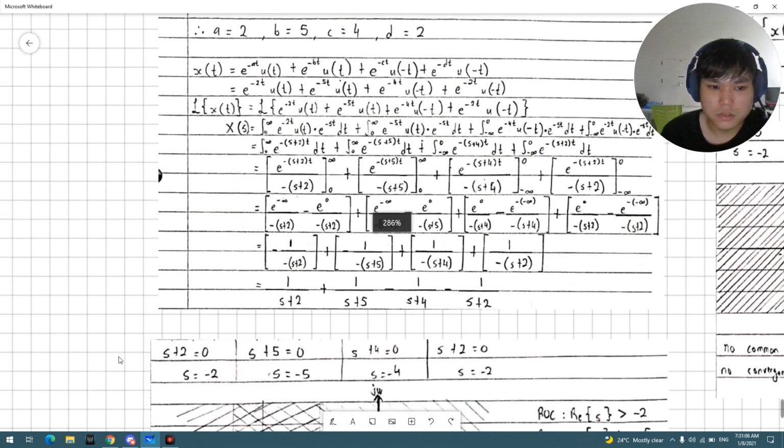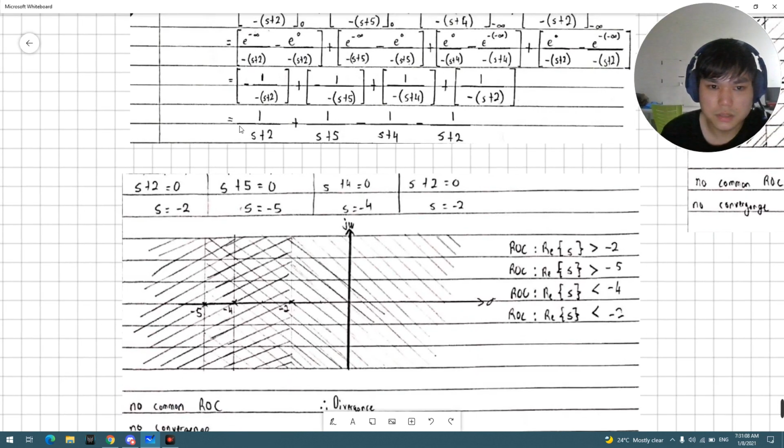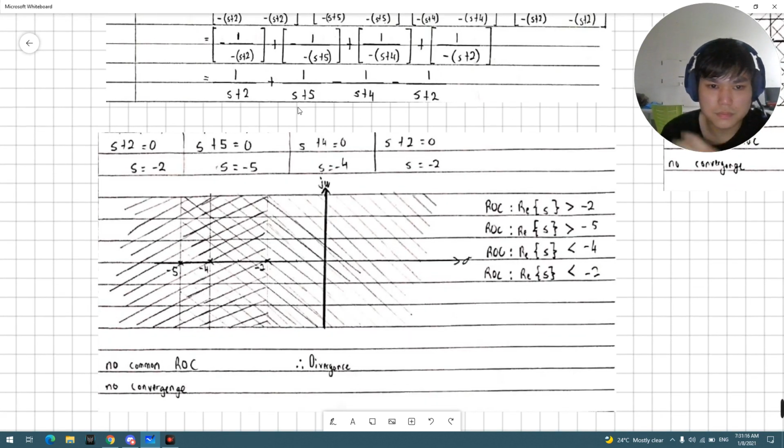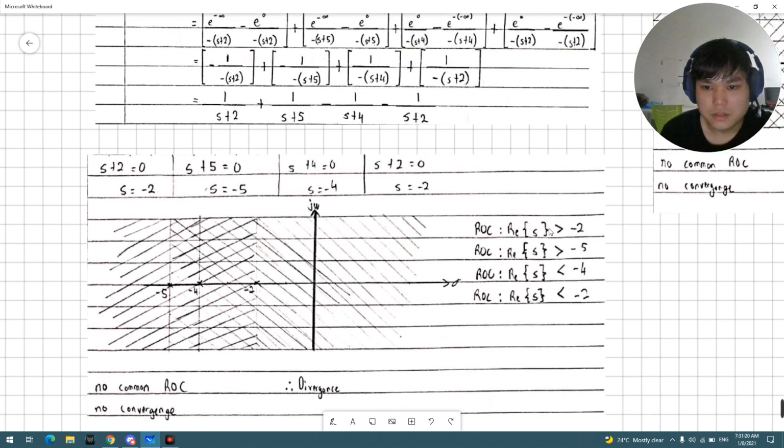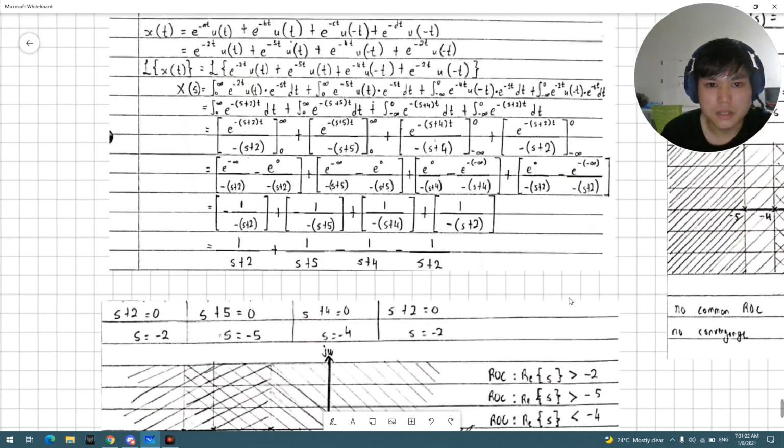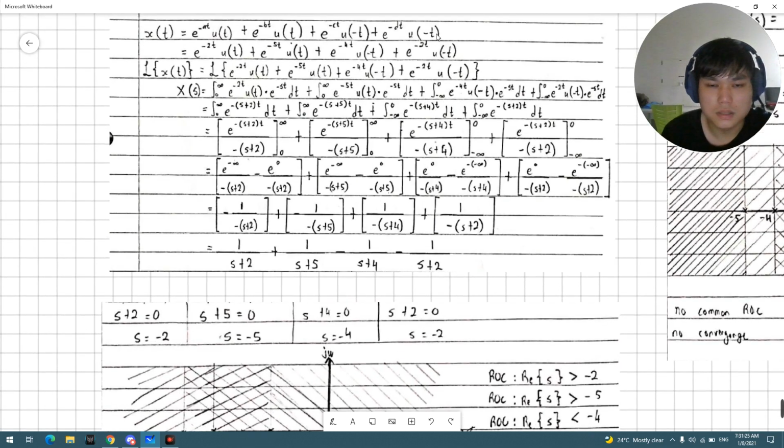For the ROC, taken from this bottom part here, we can find the value of s for each of the numbers, and we can identify the ROC with more than or less than by looking at the time domain here. When it's positive, it's more than.